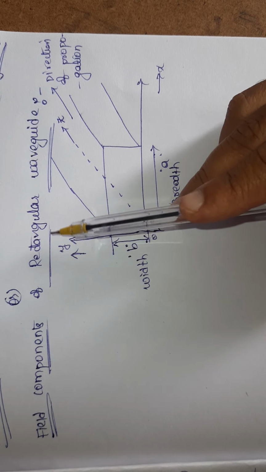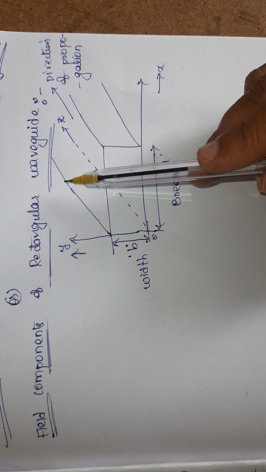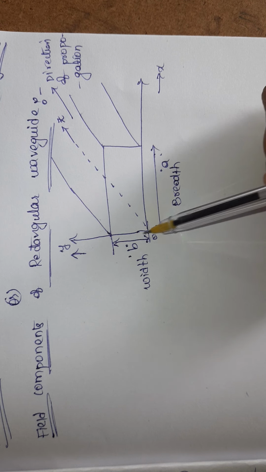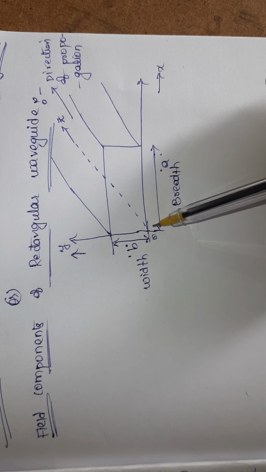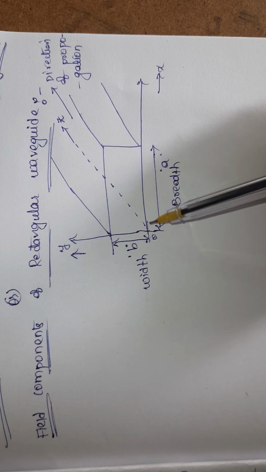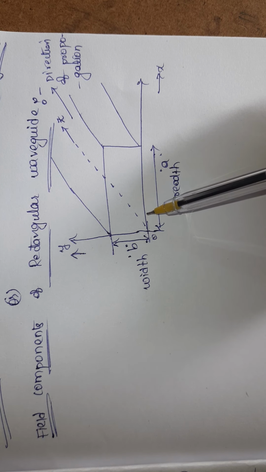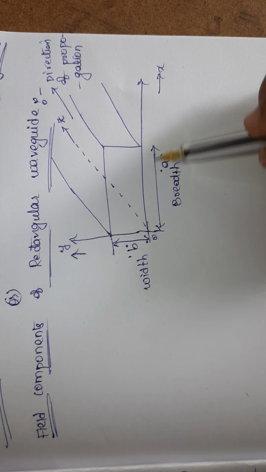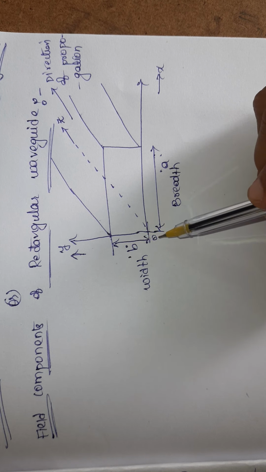Here, in the rectangular waveguide, the waveguide should be in the shape of a rectangle like this. So to get the rectangular shape, the wave should be restricted on two sides, that is along the x direction and also along the y direction.